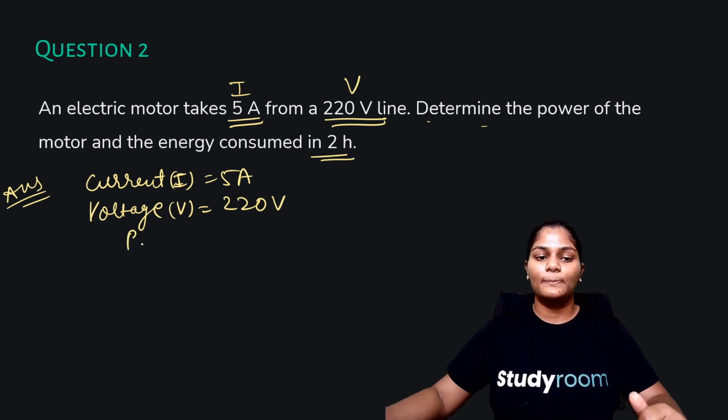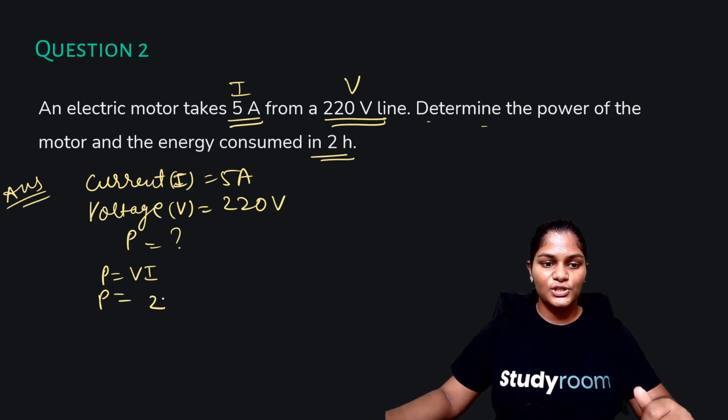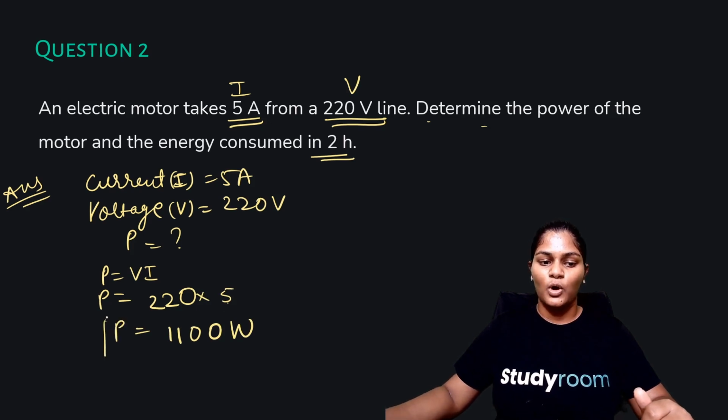Now, what do we have to determine? Power. Simply, we know P equal to VI. So, P is equal to V, which is 220, into I, which is 5. So we know 5 2s are 10, 5 2s are 10, 11 and a 0. So it is 1100 watts.